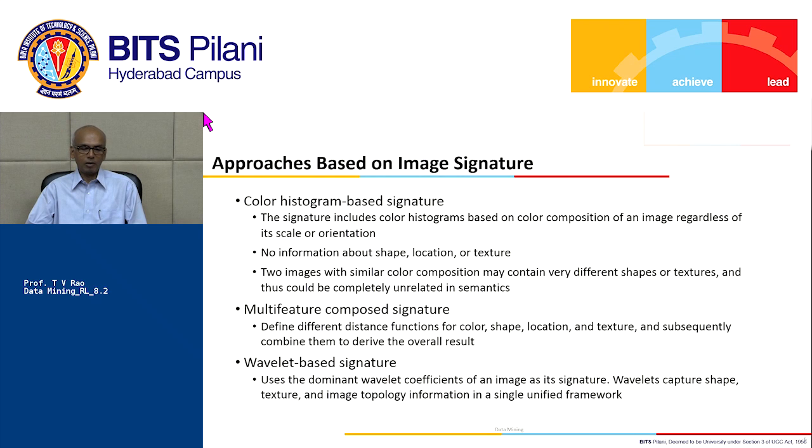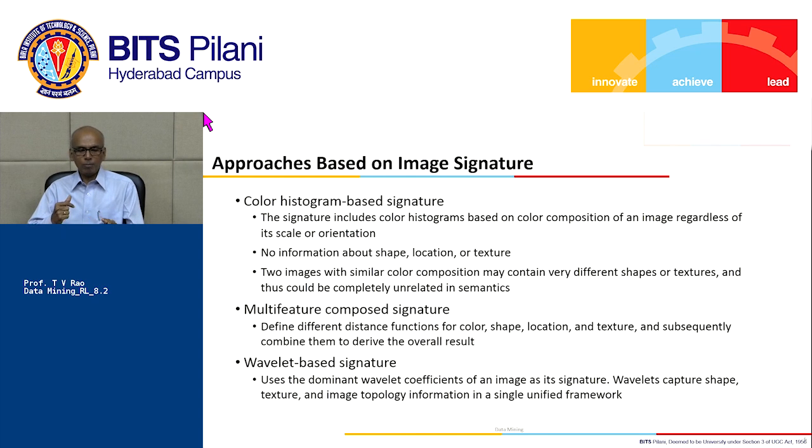Here we will not be concerned about the shape, location, texture, etc. If we create this type of signature, it's easy for us to answer some queries. For example, consider an e-commerce website which sells, let's say, millions of items and has pictures of all of the items it sells. Then it can find out how many yellow items we have sold, because here we have characterized the images based on the color.